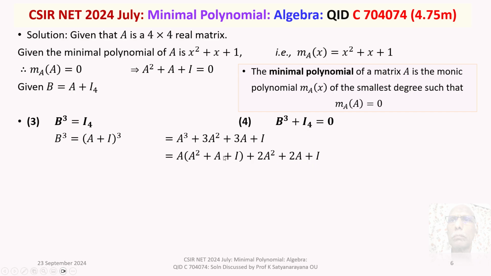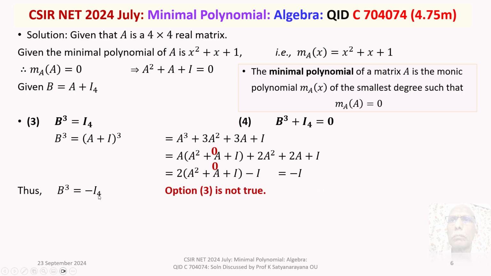We know A square plus A plus I is 0, so you are left with 2A square plus 2A plus I. That is written as 2 times A square plus A plus I, and an adjustment you have to make: 2I has come and we have I above, therefore minus I. And A square plus A plus I is 0, so we are left with minus I. Thus we got B cube is equal to minus I. But in option 3 it is given B cube is equal to I, therefore option 3 is not true.